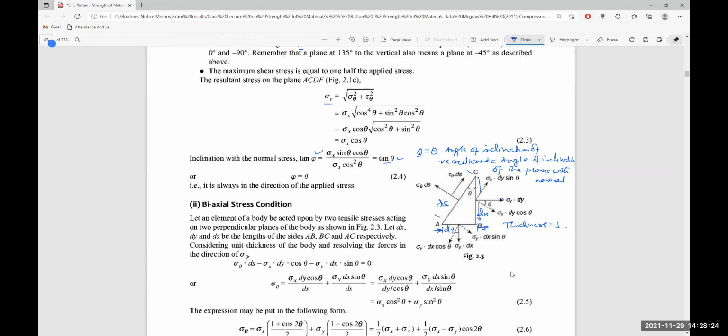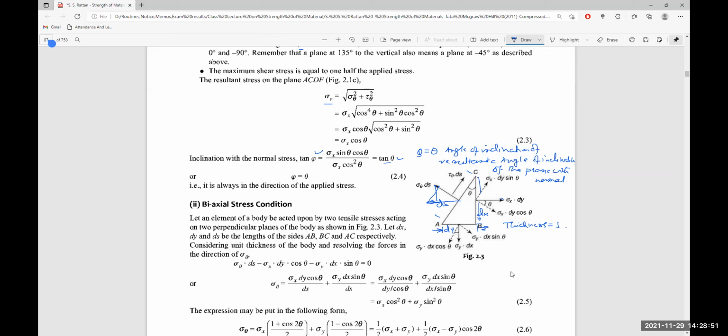If this is the angle, this is the vertical, and this is the angle of tangent, then sigma theta ds minus sigma x dy cos theta.